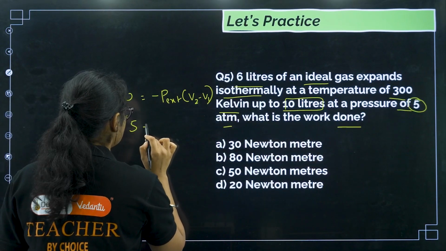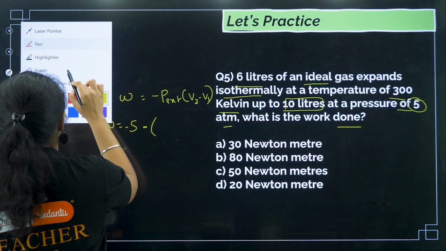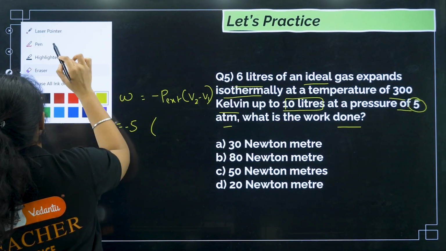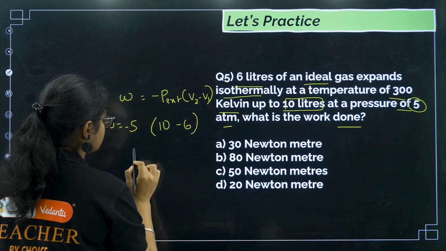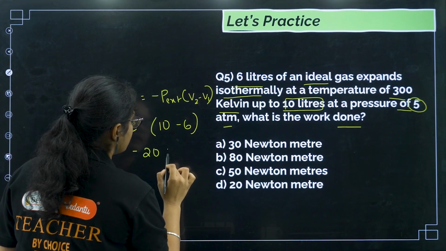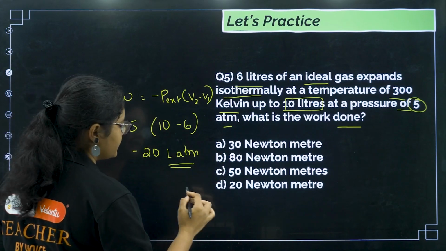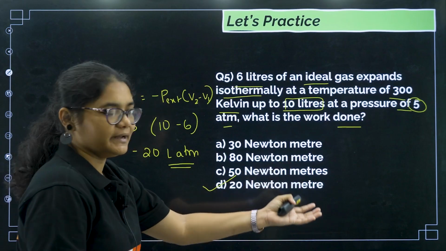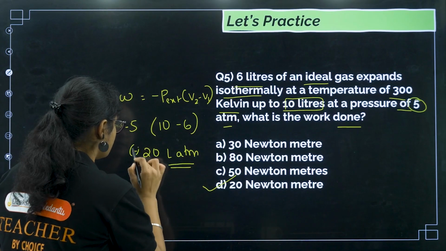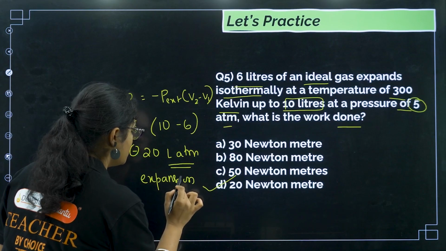So 5 into V2 minus V1. V2 is 10 and V1 is 6, 10 minus 6 is 4. So minus 20 liter atm. Now if you convert it, it will become Newton meter. So the correct answer is option number D here. Negative work is coming because it is expansion, and for compression the work will be positive.